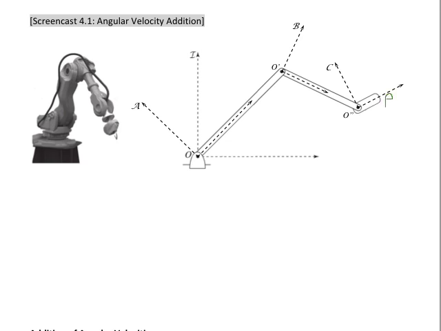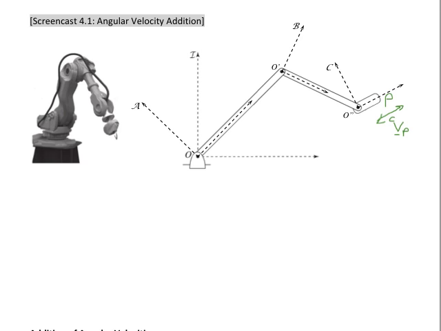But we're going to say that P can also telescope. It can extend. So essentially, we can have a velocity of P, and we can observe that in the C body frame. And so as soon as you start seeing observations made in these body frames, or this motion is relative to O double prime, we should start thinking about the transport equation.